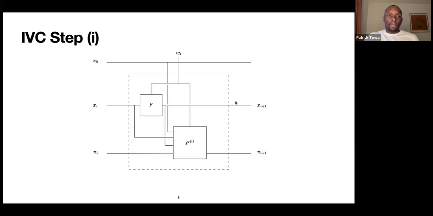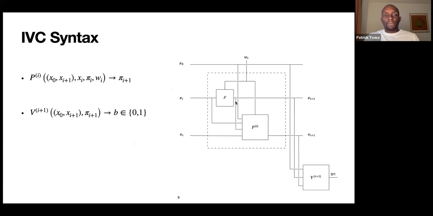And so to look a bit more at the syntax of IVC, it's basically just writing in math what is already depicted on the diagram. So the prover gets the starting point of the computation and some claimed output, and also gets as advice xi, pi_i, and wi, from which you can compute the next proof.